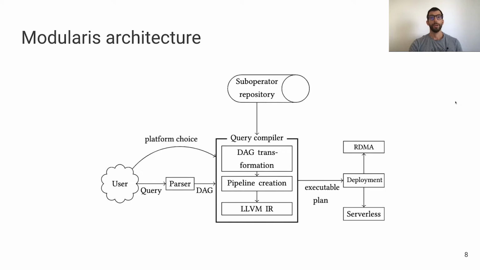In the figure, you can see the general system architecture of Modularis. The user writes a query in a dialect of Python that is similar to PySpark and specifies the platform where the query will run. Then the parser gets the query and transforms it into a directed acyclic graph or DAG of operators that are the data flow representation of the program.